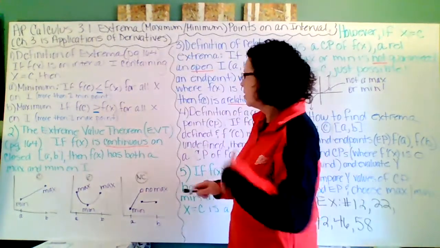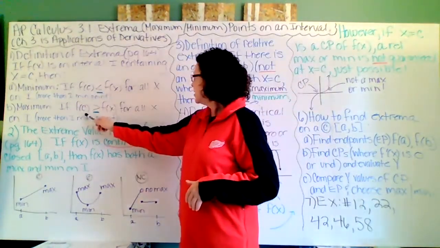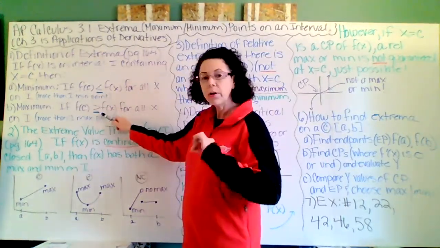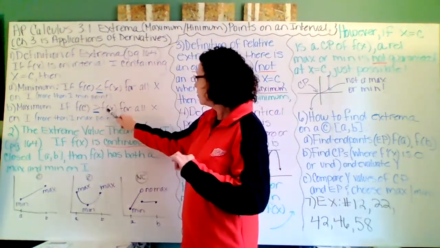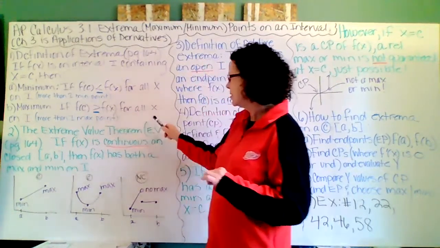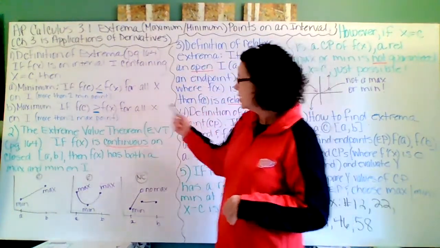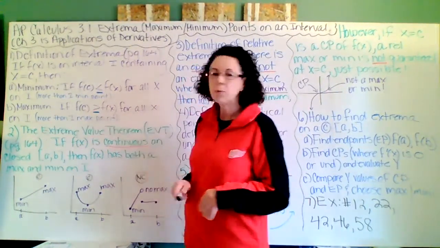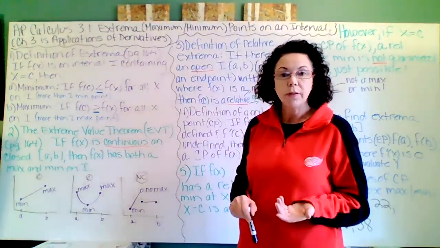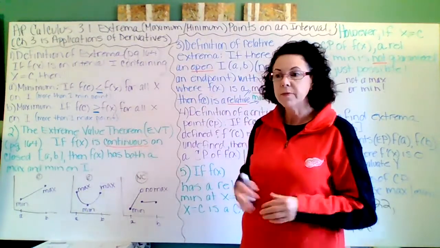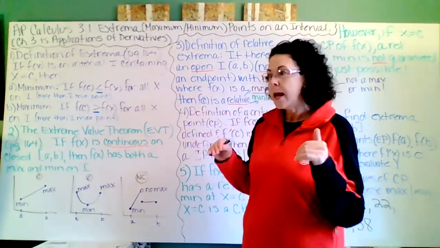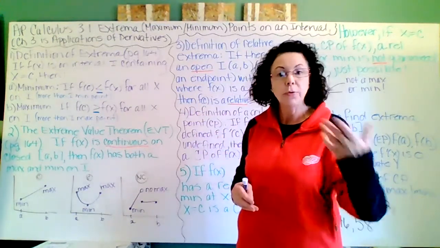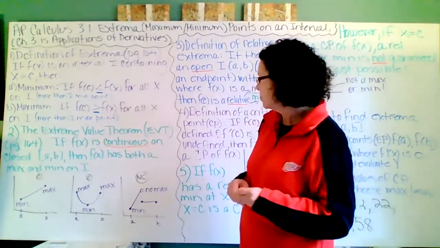So of course a maximum, if you put a c into the function and that function value is greater than or equal to any other function value at any other x, then that x equals c must be a maximum point. Again, notice that because of the equal sign, there can be more than one maximum point. So if there's highest y values in more than one x value on the interval, they are all maximums.